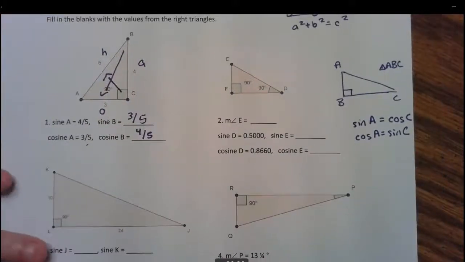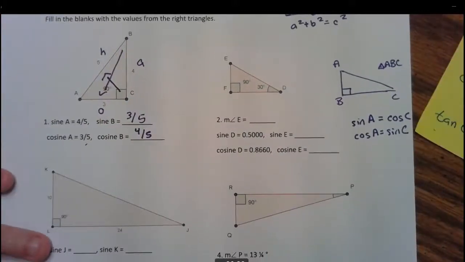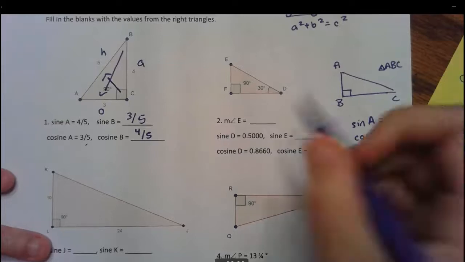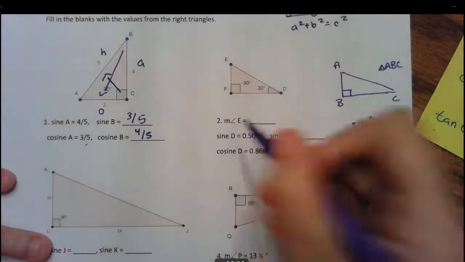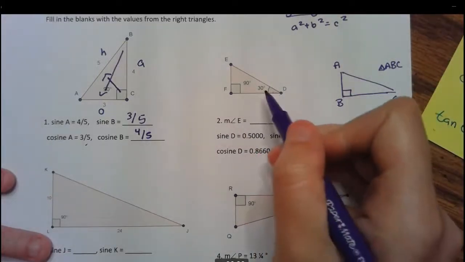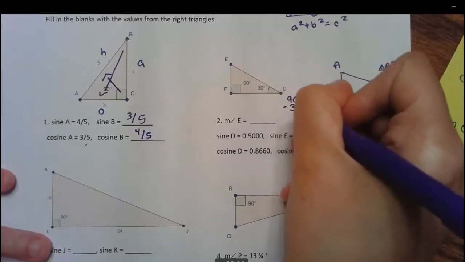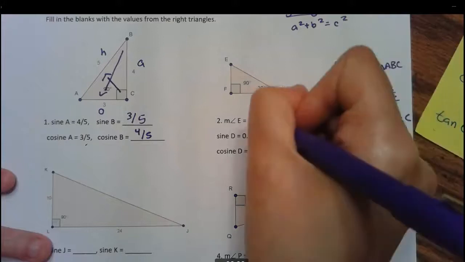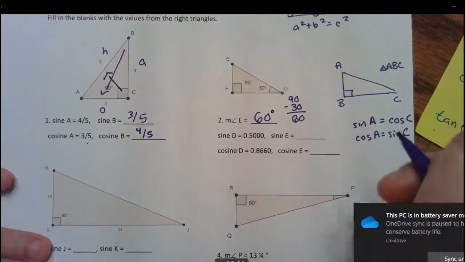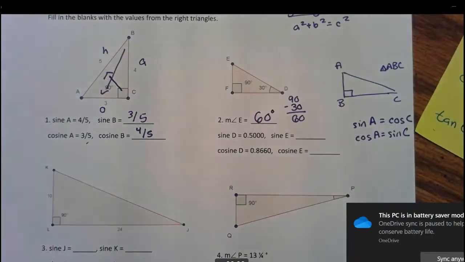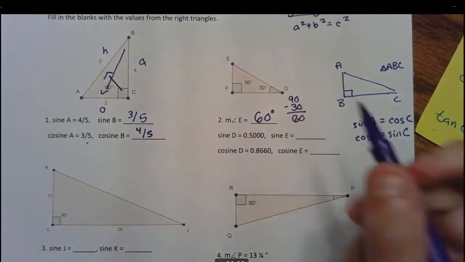Number 2 doesn't actually require too much work. It looks like it does. But we just know we need to find angle E. And they told us the angle D was 30. So all we're going to have to do is say 90 minus 30 gives us 60. So we've got 60 degrees there. And then we're going to use those rules I was just showing you.